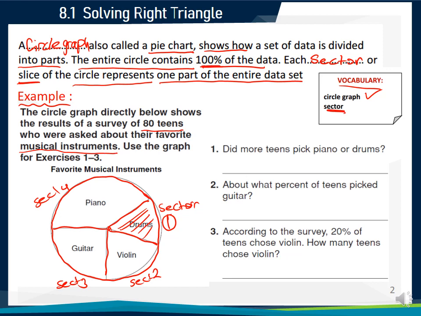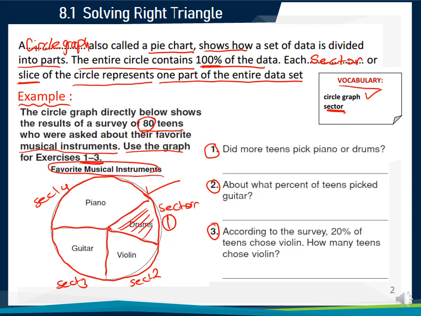So they like or favor piano, guitar, violin, or drums. Use the graph to answer exercises 1 to 3. We have question 1, question 2, and question 3. To answer these questions, we have to use this graph of favorite musical instruments.